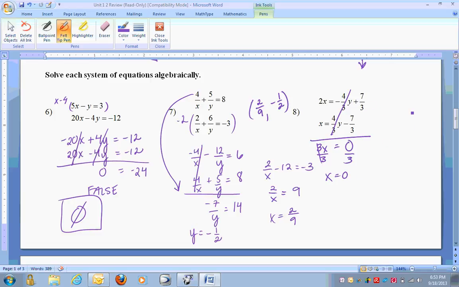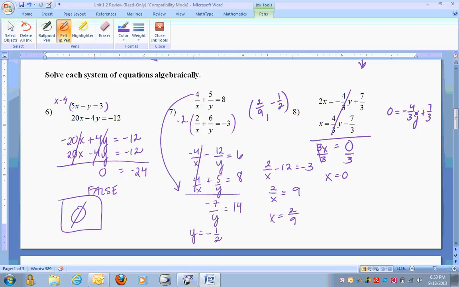So now we just plug it back into one of our equations. So I can go ahead and plug back into the top equation. 2 times x would be 2 times 0. So it's really 0 equals negative 4 over 3y plus 7/3.